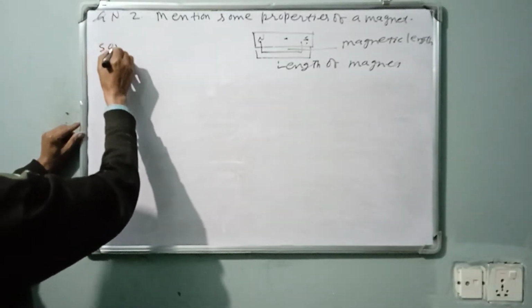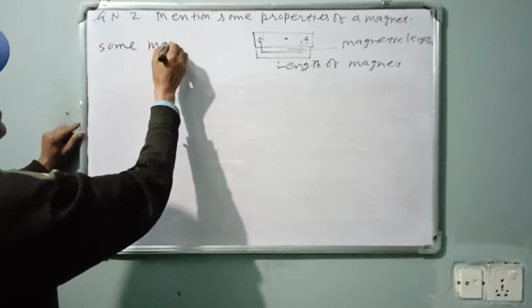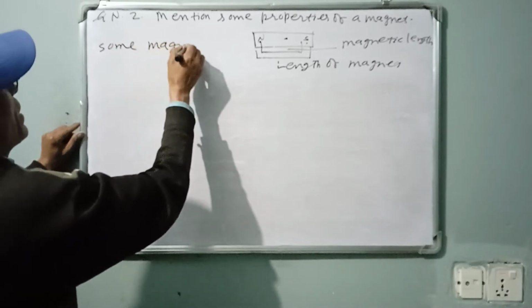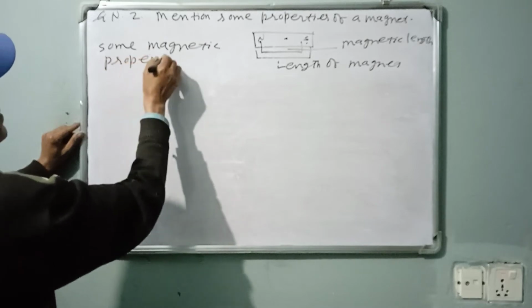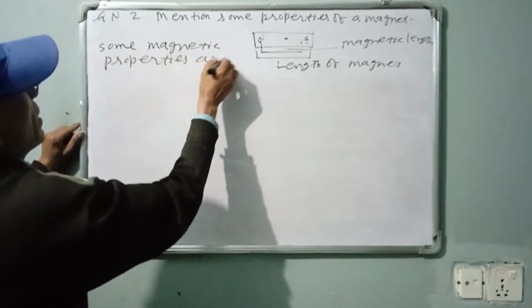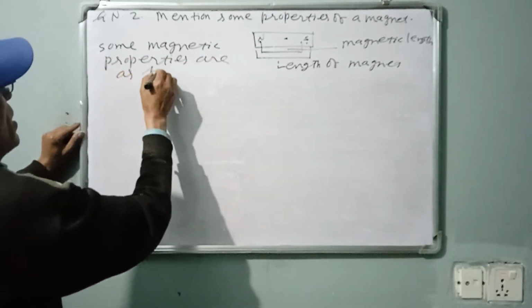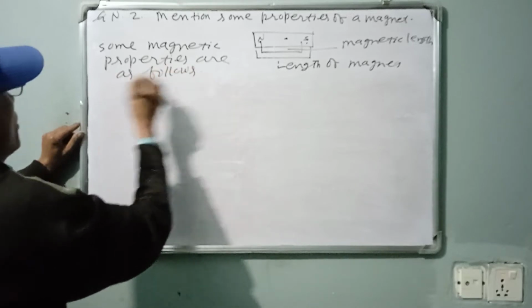Solution: some magnetic properties are as follows.